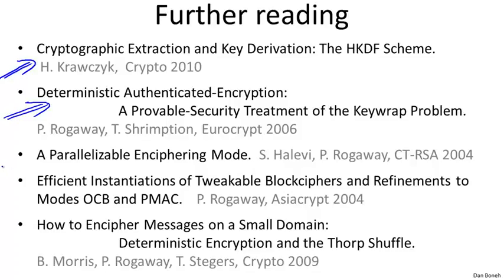The EME mode that we described that allows us to build a wide-block pseudo-random permutation is described in this paper here by Halevi and Rogaway. Tweakable block ciphers that led to the XTS mode of operation that's used for disk encryption are described in this paper here. And finally, format preserving encryption is described in this last paper that I point to over here.